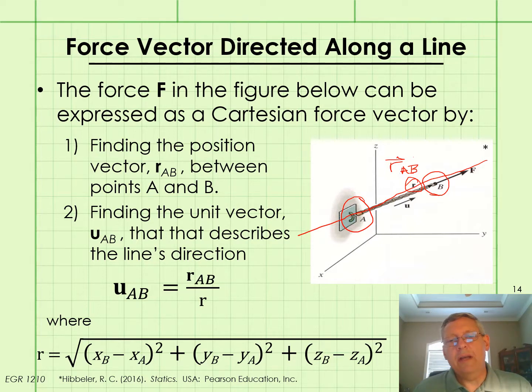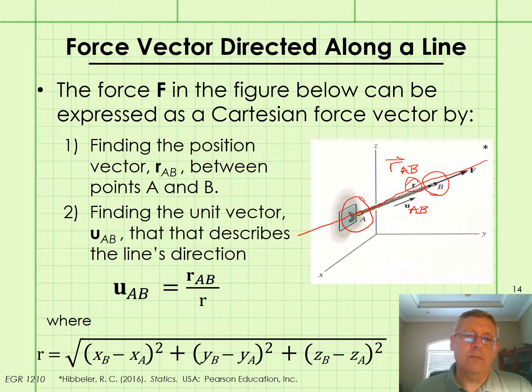The second step is going to be to find the unit vector, which we'll call u sub AB. Again, we need to make sure that we're keeping track of the individual unit vectors, position vectors in problems where we have multiple things going on.